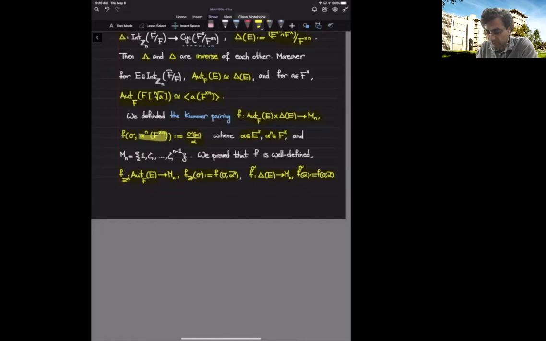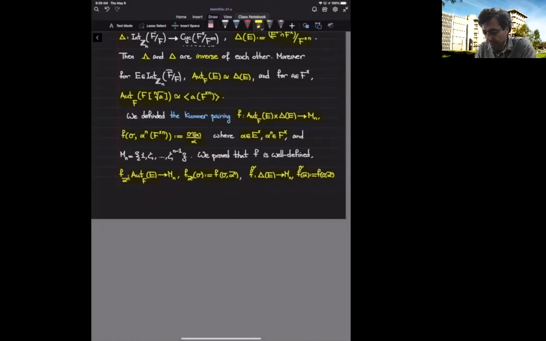Now, if I fix this one, I can view F as a function over only the first component to the codomain, and that means that I'm getting a function from F automorphisms of E to the cyclic group of order n, mu sub n, that's generated by zeta.